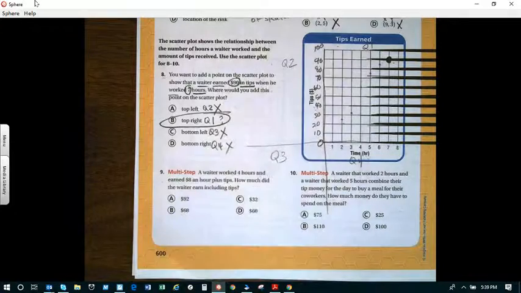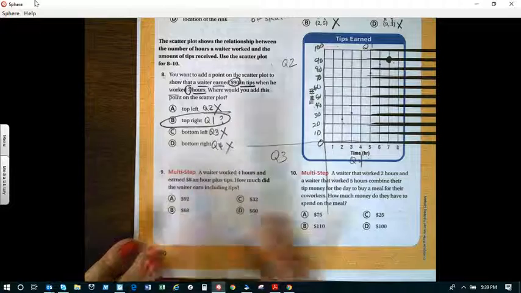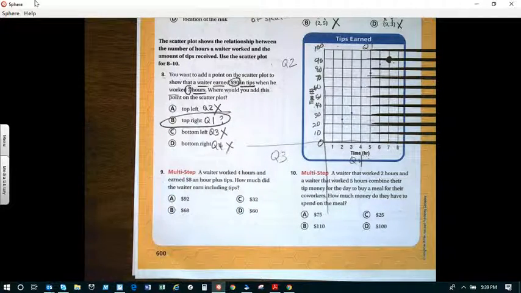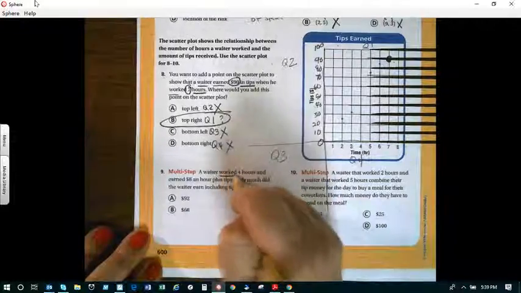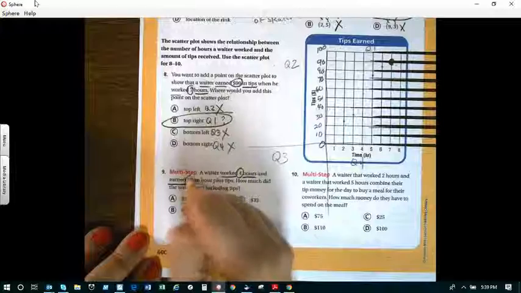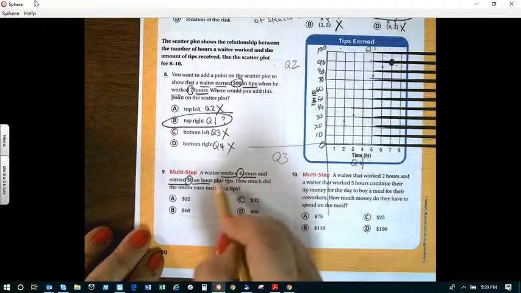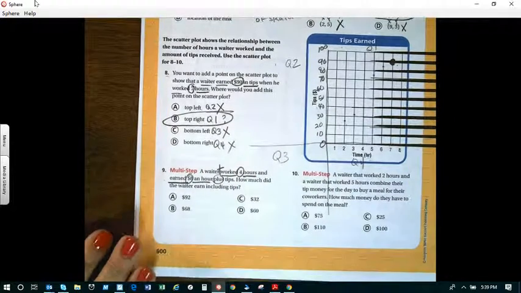All right, let's look at number 9. It's a multi-step problem. Multi-step meaning it's going to have more than one process. So the waiter worked 4 hours and earned $8 an hour. Plus means add, so I'm going to put an addition sign above that. Tips.